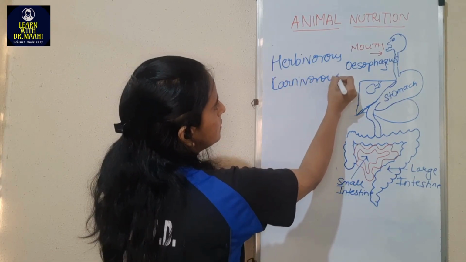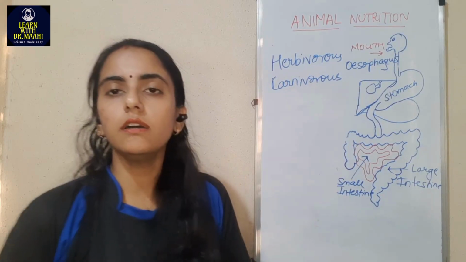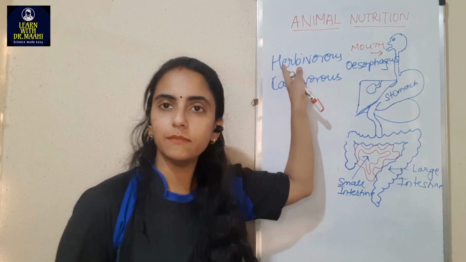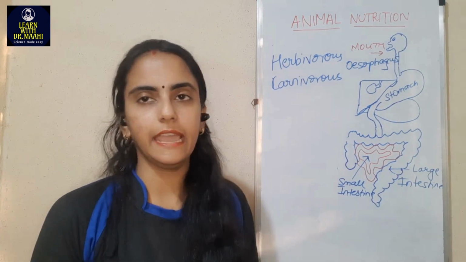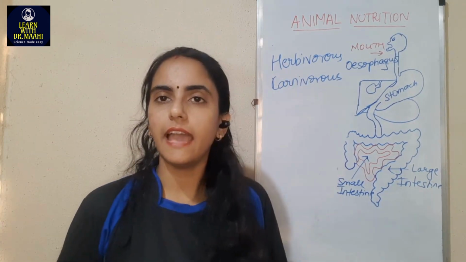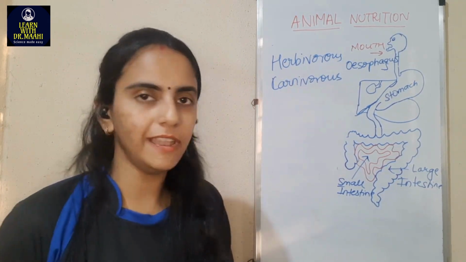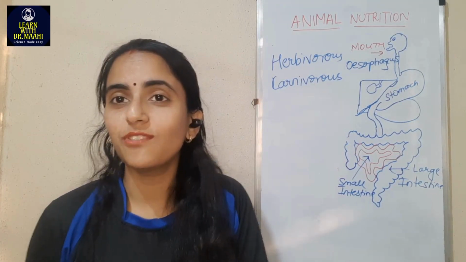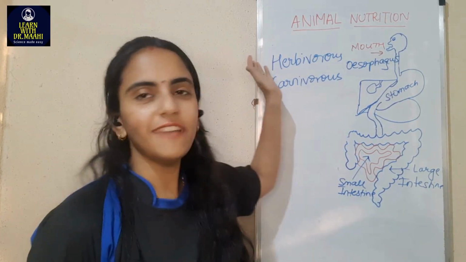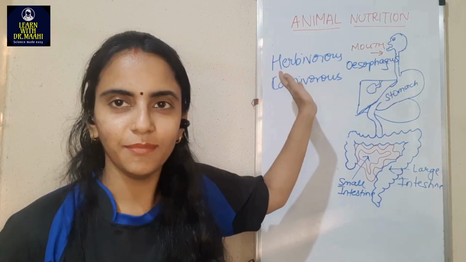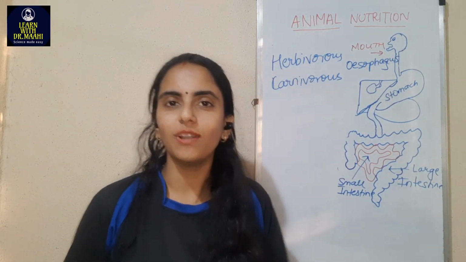Now what is herbivorous and carnivorous? Herbs. What are herbs? Herbs are plants, right? So herbivorous animals are the animals which are plant eating animals, and carnivorous are the animals which are eating meat or flesh. Okay, so in simple terms, let's call them veg and non-veg. Okay, so veg animals are the animals which are called herbivorous, and non-veg are the ones which are called carnivorous.